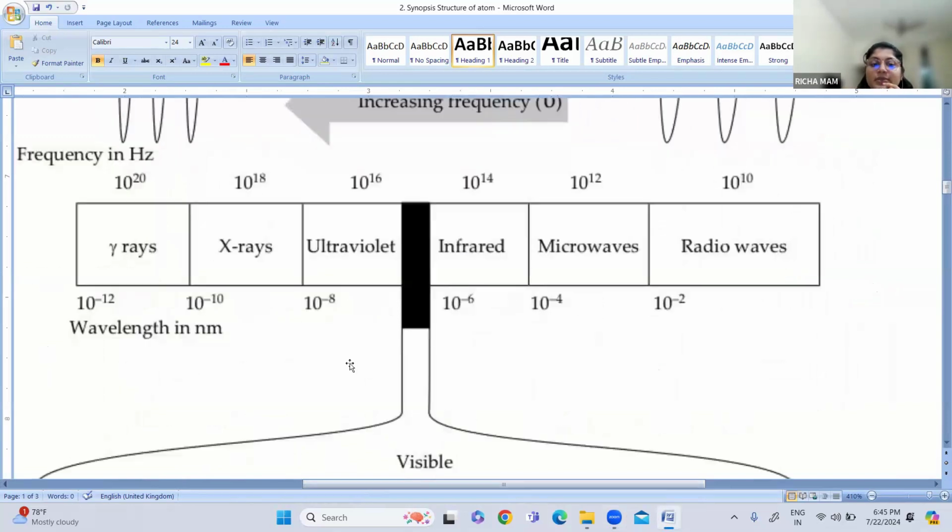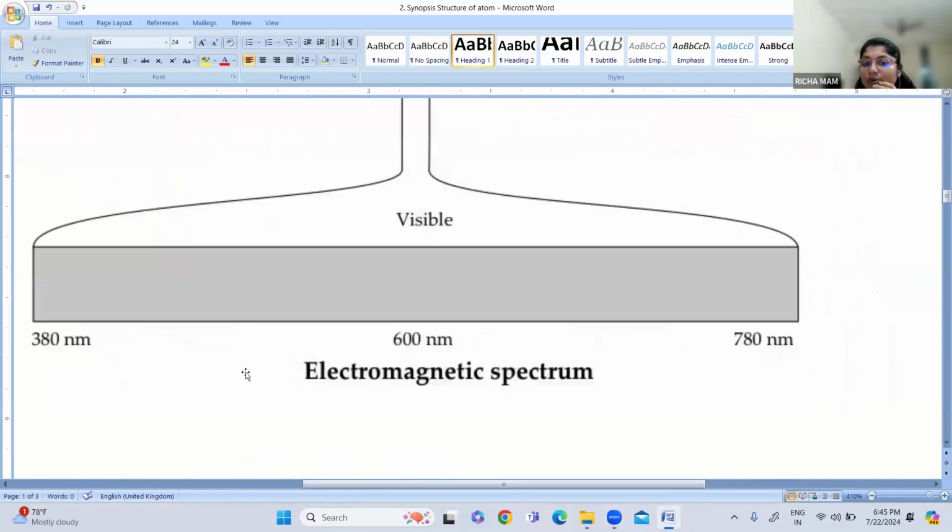The region between 380 nanometer and 780 nanometer is called the visible region. Please make a note. What do you mean by visible region?